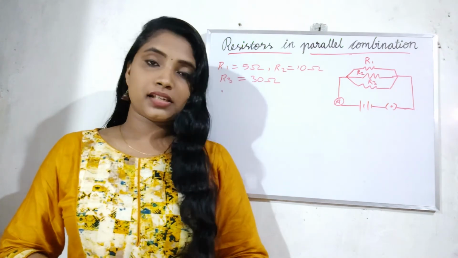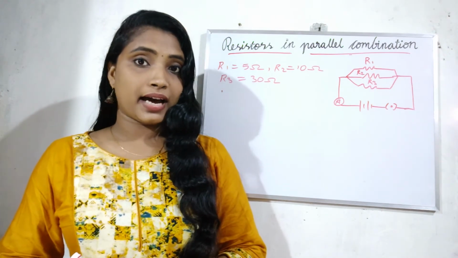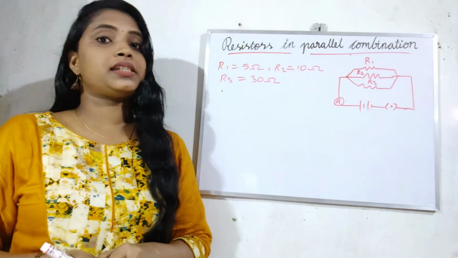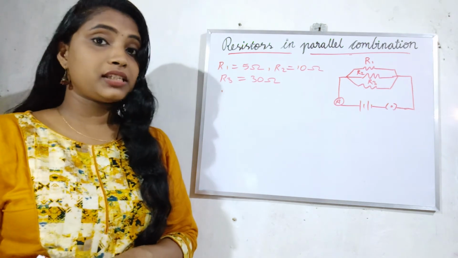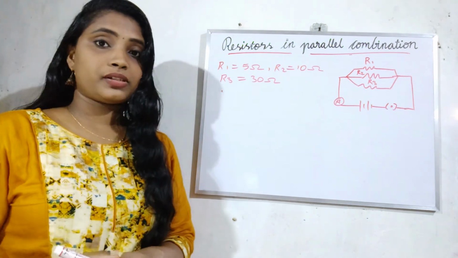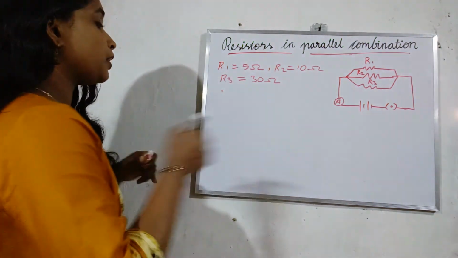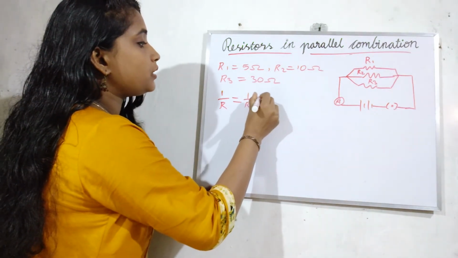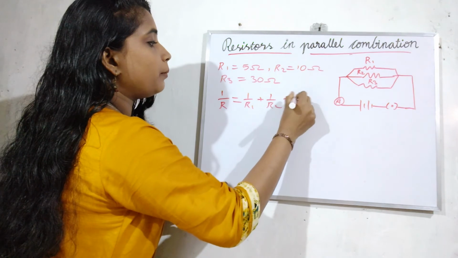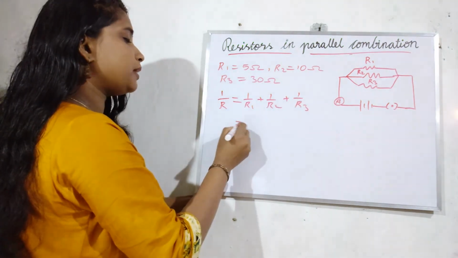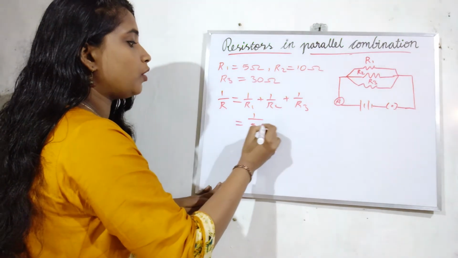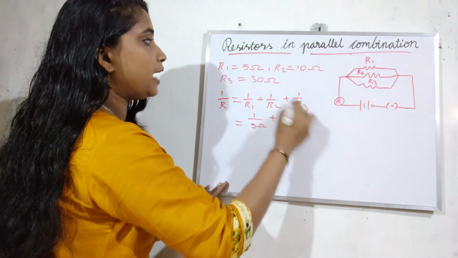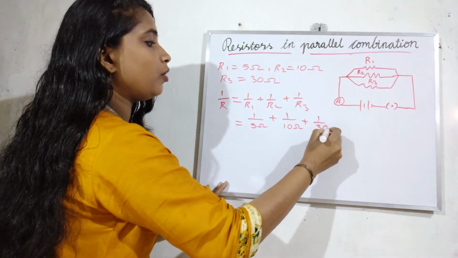Now let the resistances of the resistors R1, R2 and R3 be 5 ohm, 10 ohm and 30 ohm. Let's calculate the effective resistance in this circuit. We know that if these resistors are connected in parallel, then the effective resistance can be calculated using this equation: 1 by R equals 1 by R1 plus 1 by R2 plus 1 by R3. So we substitute 1 by 5 plus 1 by 10 plus 1 by 30.